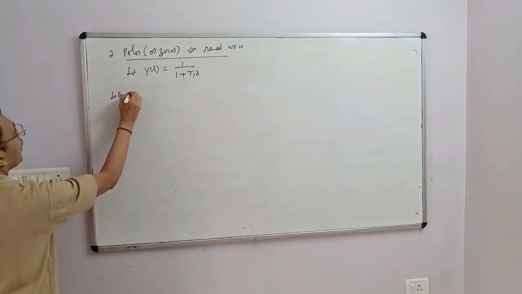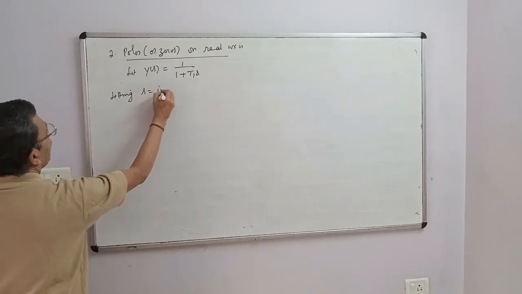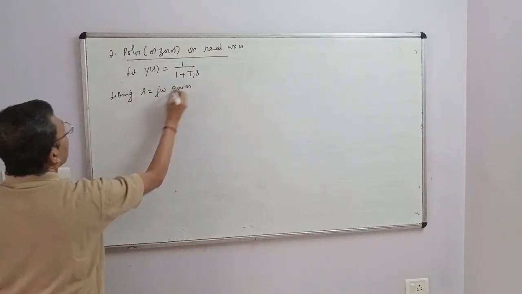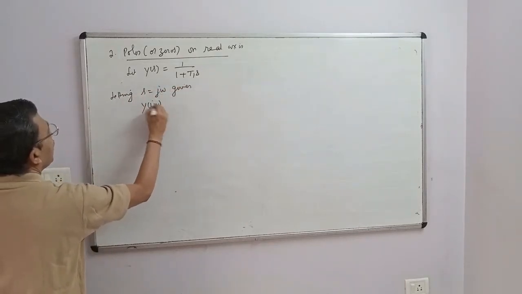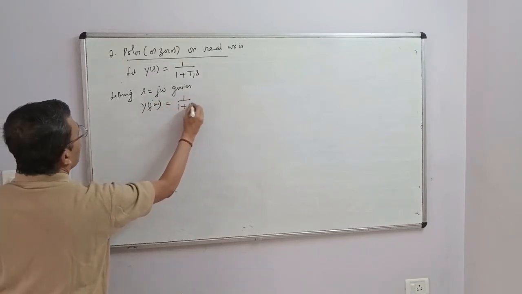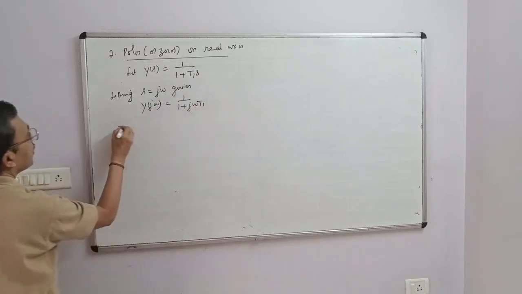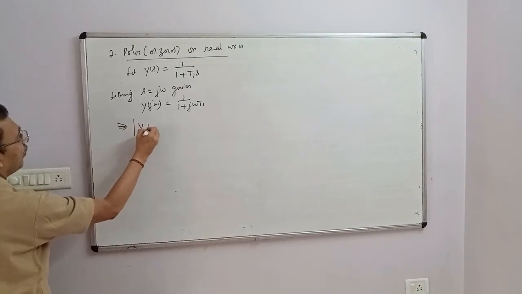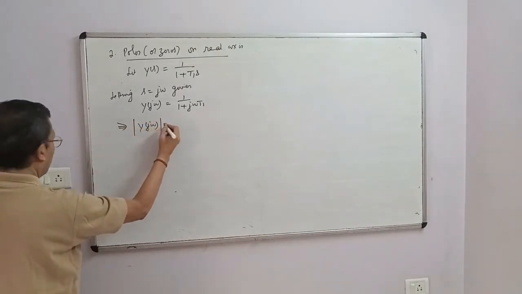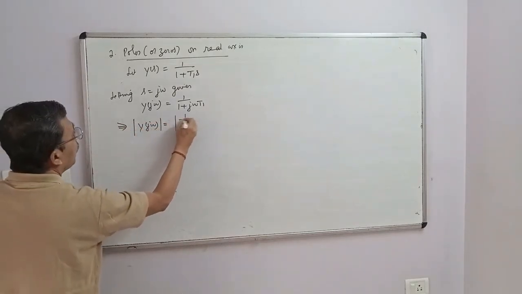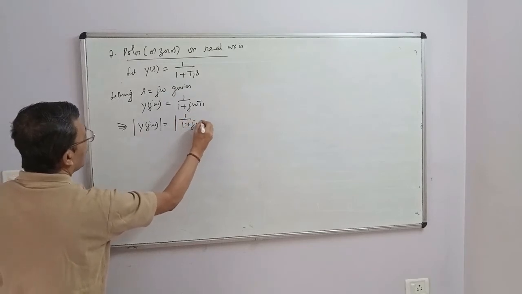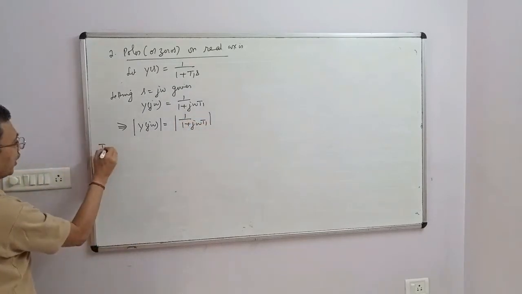Letting s is equal to j omega gives y of j omega is equal to 1 over 1 plus j omega T1. This implies magnitude of y of j omega is equal to magnitude of 1 over 1 plus j omega T1.